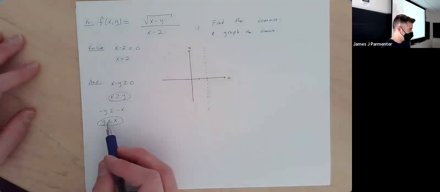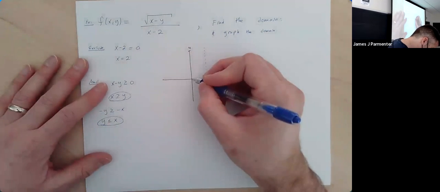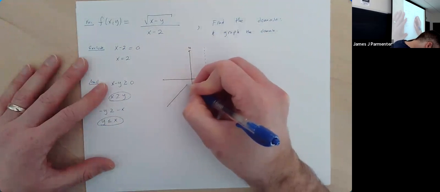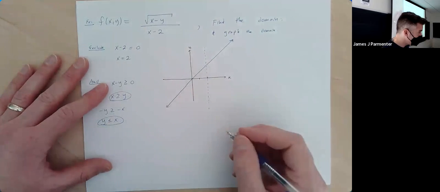I just like writing it like this because it looks more like what we're used to seeing, with y on the left. So I'm going to graph y equal to x. Since I do want to include the line y equal to x, I'm going to draw it solid as opposed to dashed. So here's my y equal to x. It is part of the domain.